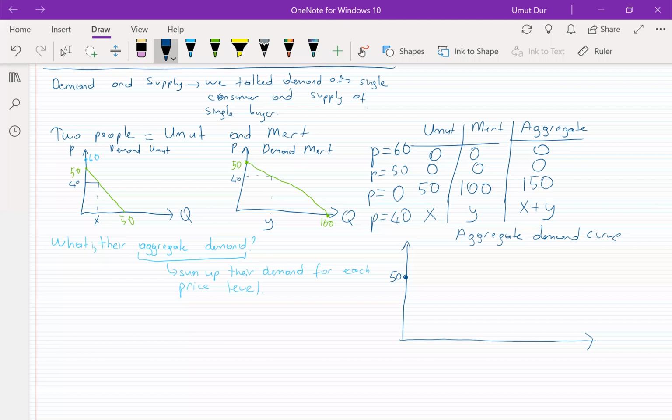For any price level above 50, there is no demand. When the price is 0, the maximum demand will be 150. So I'm just connecting those two points. This will be the aggregate demand.